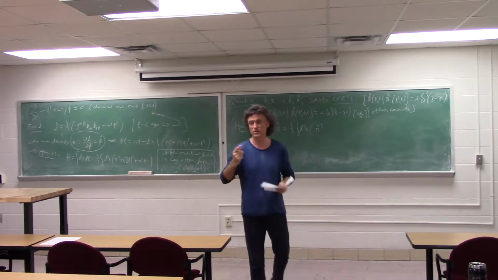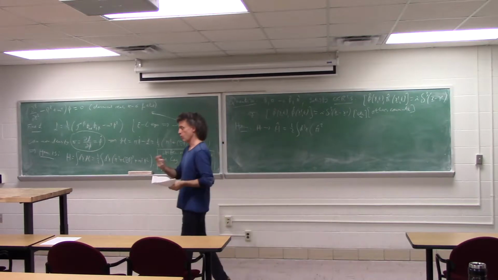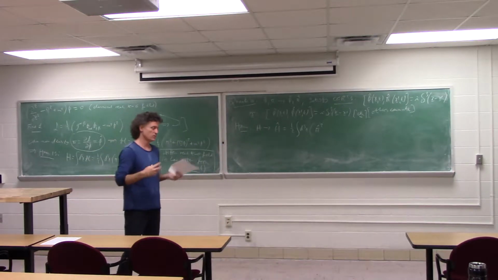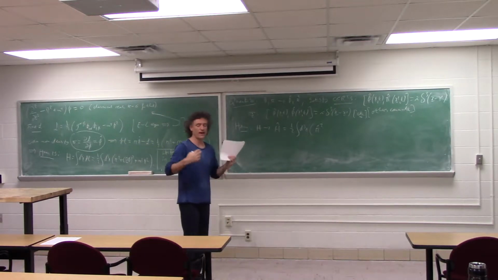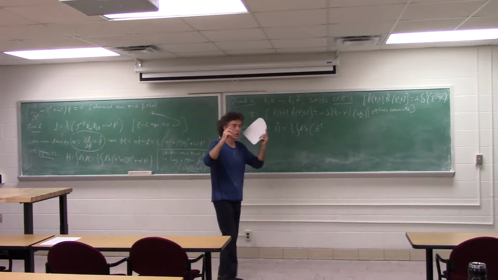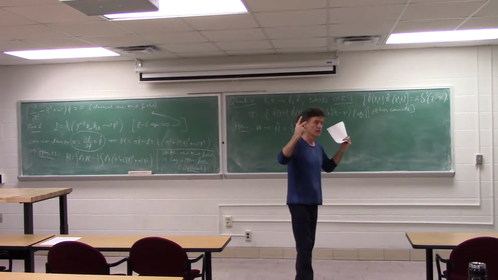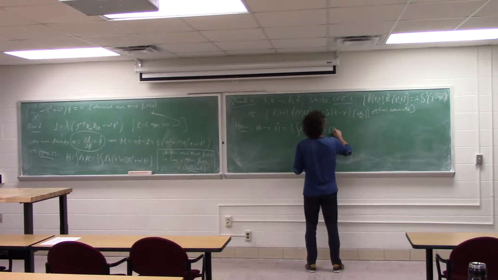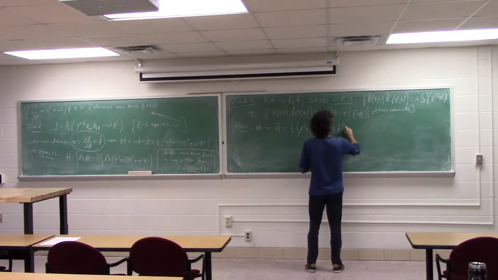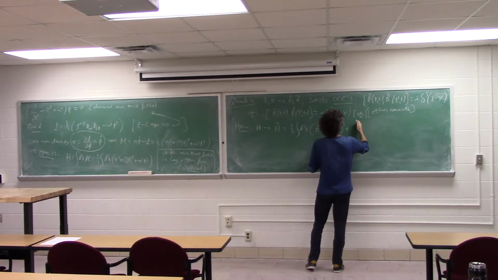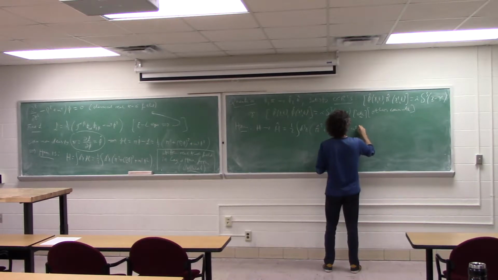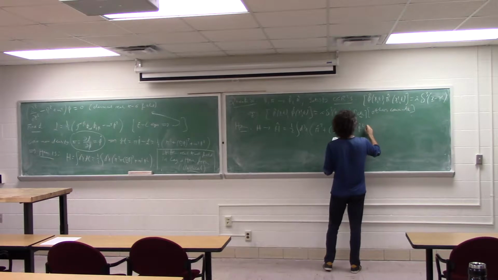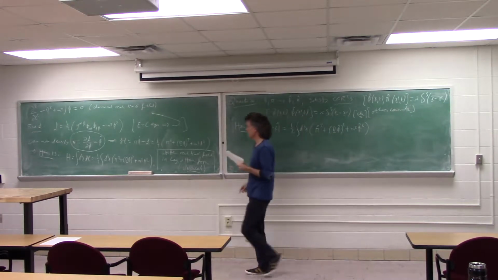The Lagrangian is usually the coordinate and the velocity; the Hamiltonian you write in terms of the coordinate and the momentum. Here the coordinate is the field, and the momentum is the canonical momentum density. So we write it like this. This is just the operator version of what I already wrote down over there.